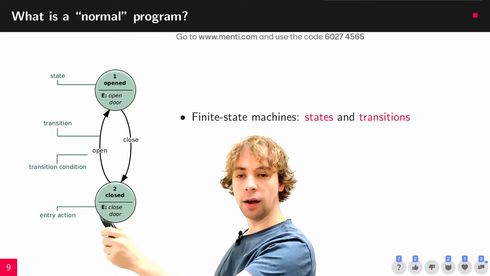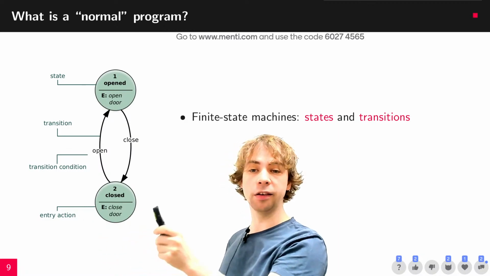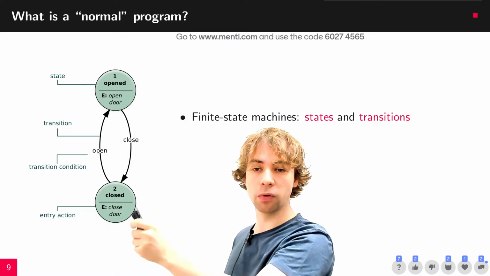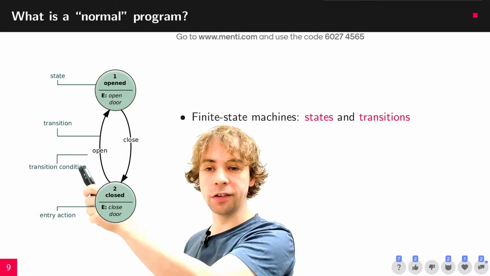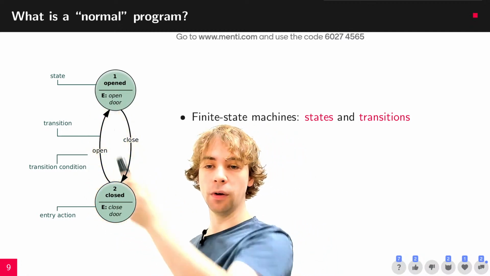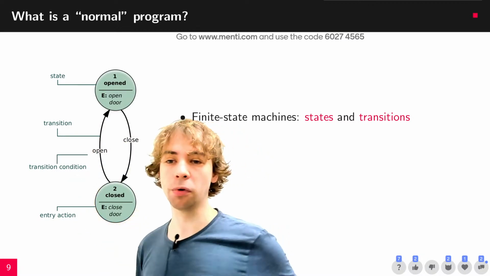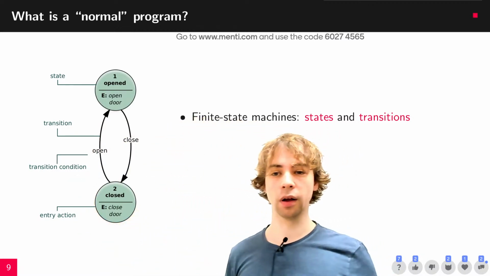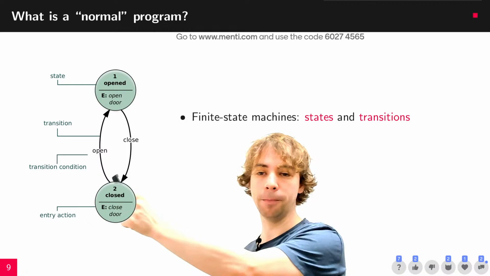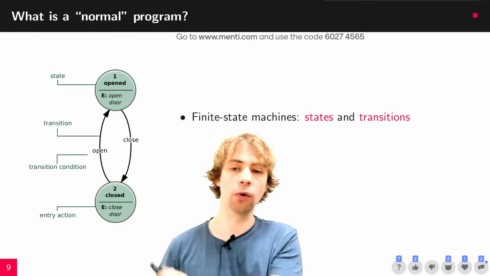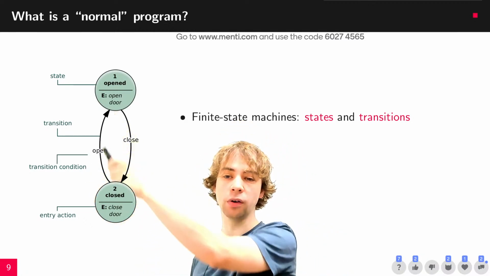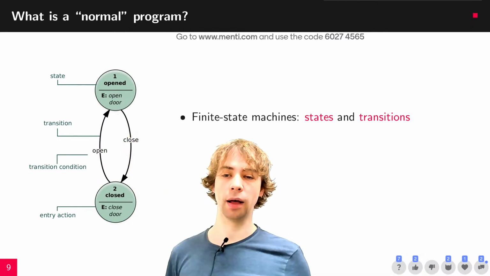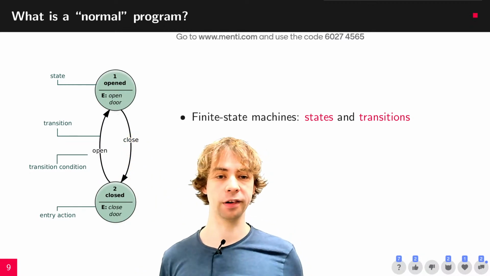Then we have the actions in each state, open door and closed door, and the transition is open or close. There's also some transition condition that we don't have here. So this transition could have some additional condition.